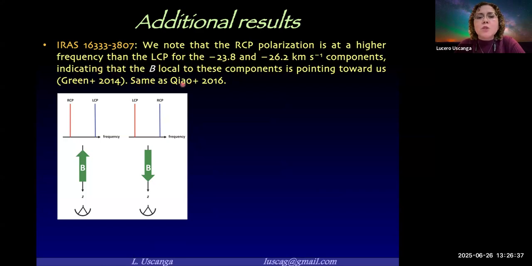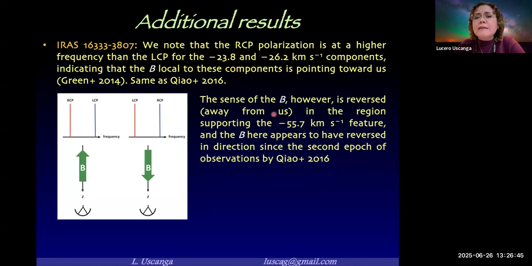And this is the same result as in the observations of Qiao published in 2016. But if we check in detail the feature at this velocity, minus 55.7 kilometers per second, we found that the sense of the magnetic field is reversed, now it is away from us. So it seems that the magnetic field appears to have reversed in direction if we compare with the second epoch of observations of Qiao.